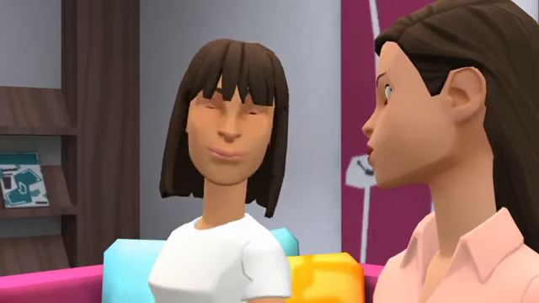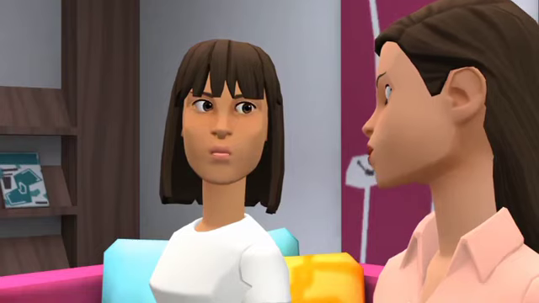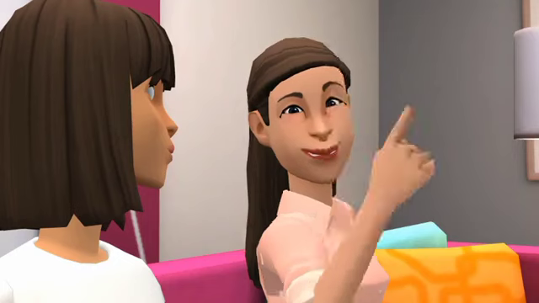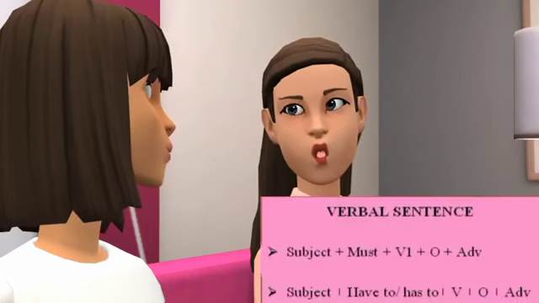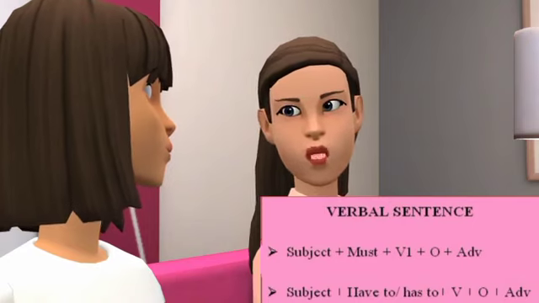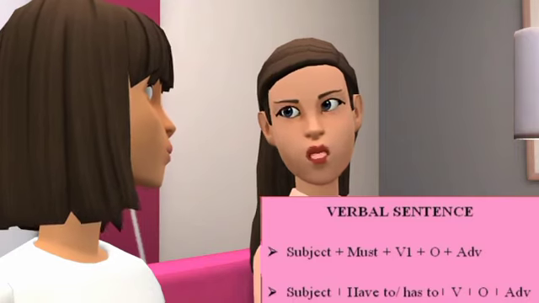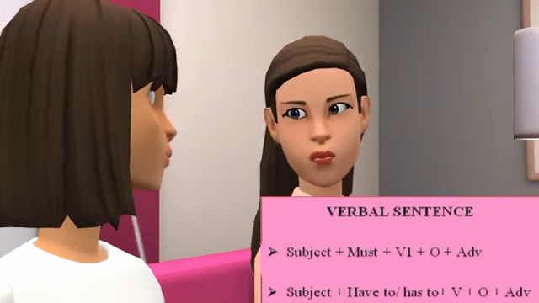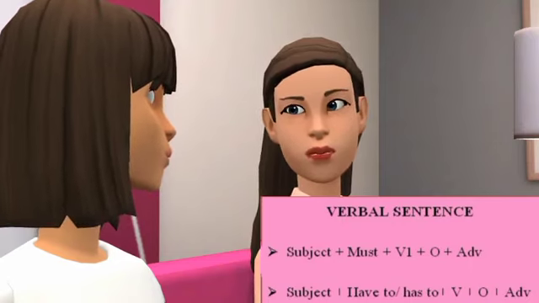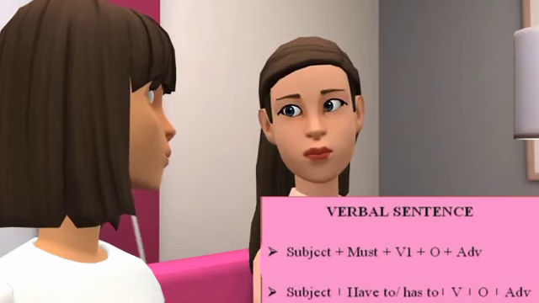Oh, yes. And what about the structure, Miss? Is it the same when we use have to or has to and must? Well, it's different, Mila. For verbal sentences, the structure of obligation is subject plus must plus verb 1 plus object plus adverb. And then we use subject plus have to or has to plus verb plus object plus adverb.